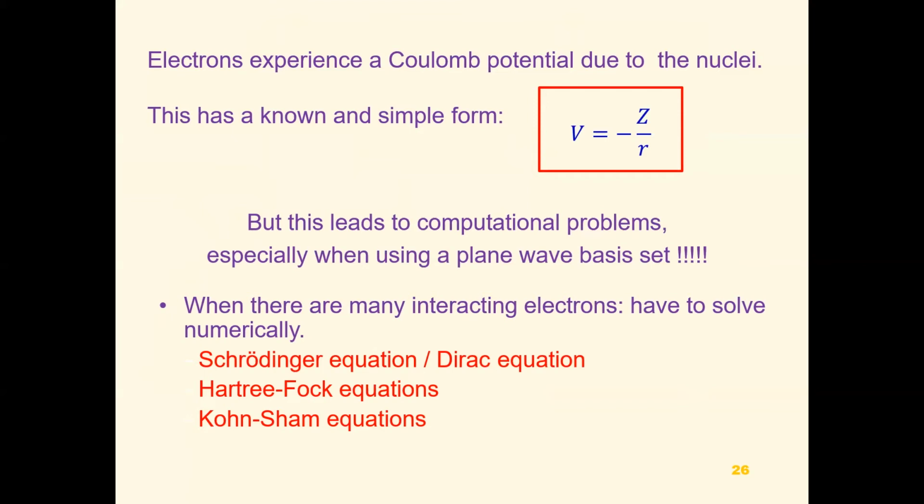So basically, to reduce the problem, the many interacting electrons are treated and solved numerically by using various methods, such as the Schrodinger equation, the Dirac equation, the Hartree-Fock equations, the Kohn-Sham equations, etc. So you can deal with these equations to study the Coulomb potential of our particular materials in a computational way.